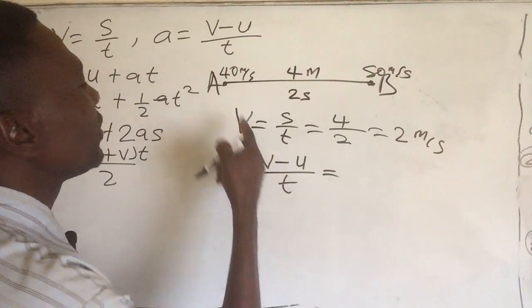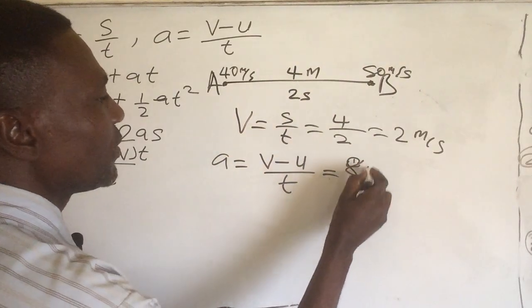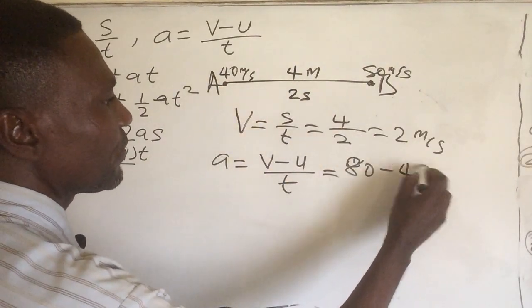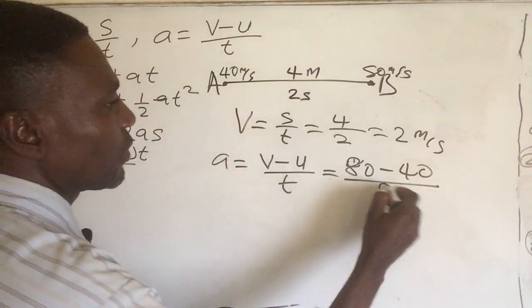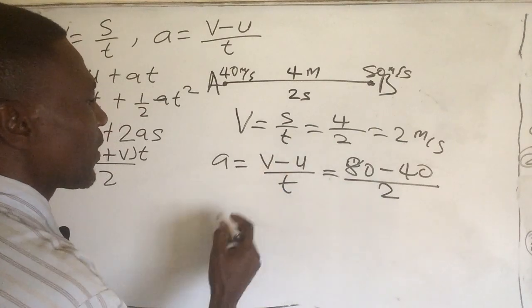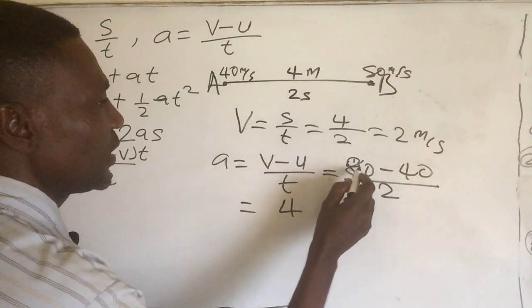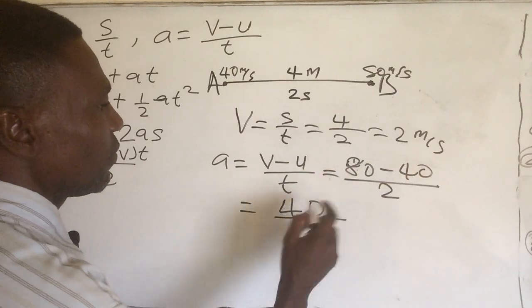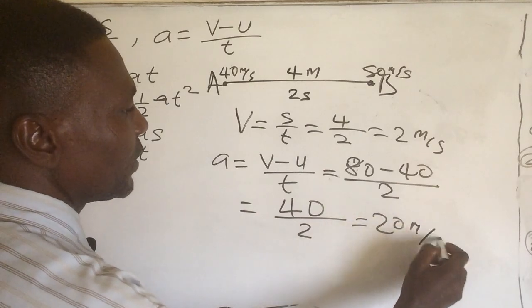So our final velocity is 80 minus initial velocity, which is 40, all over 2 seconds, which it will take. Now, when you subtract 80 minus 40, all over 2, and divide, it will give you 20 meters per second.